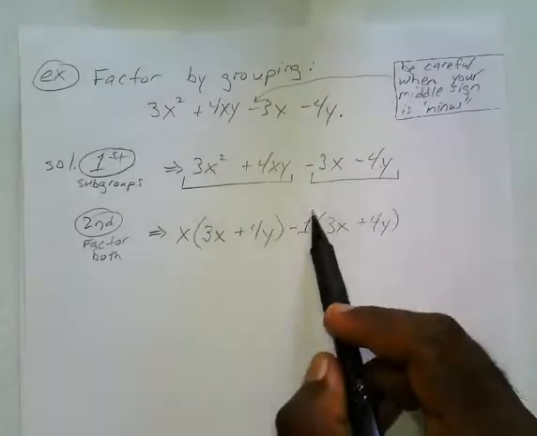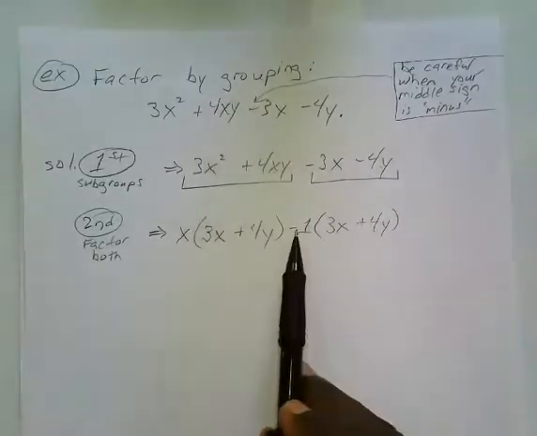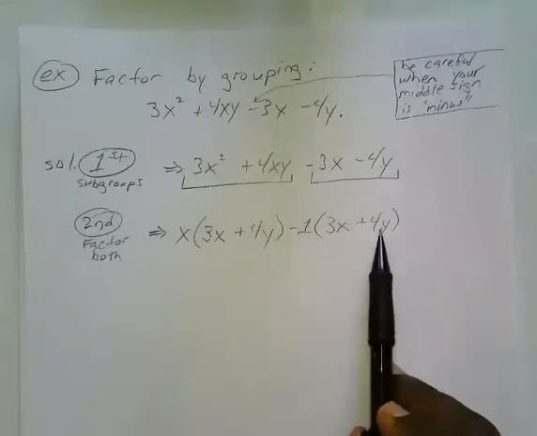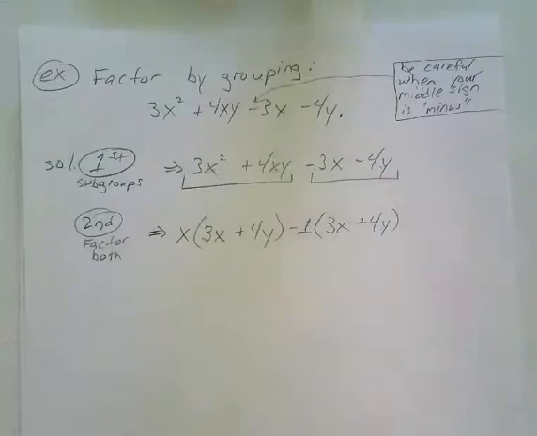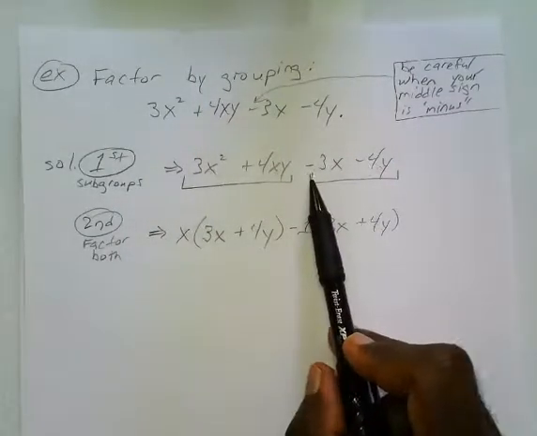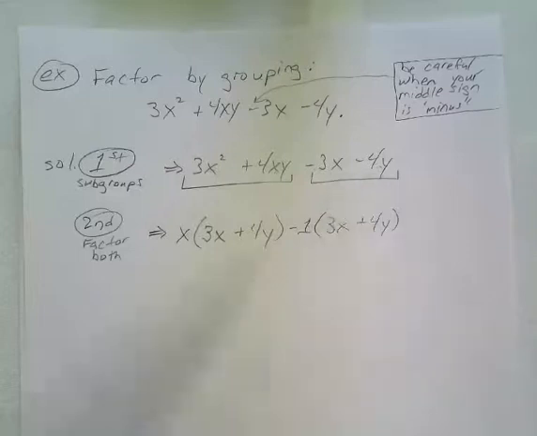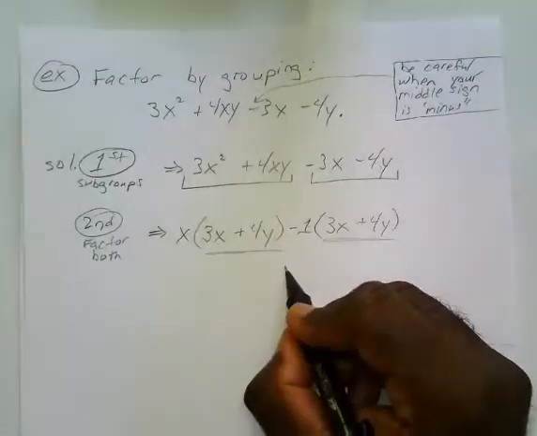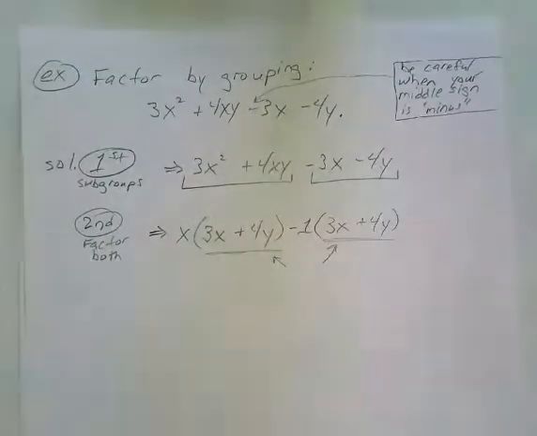So if you distribute that, you see you have negative 1 times 3x is negative 3x. Negative 1 times positive 4y is negative 4y. That's why I say you want to be careful, because when you factor out a negative 1, those signs change. And just like before, we're always looking for those matching binomials.